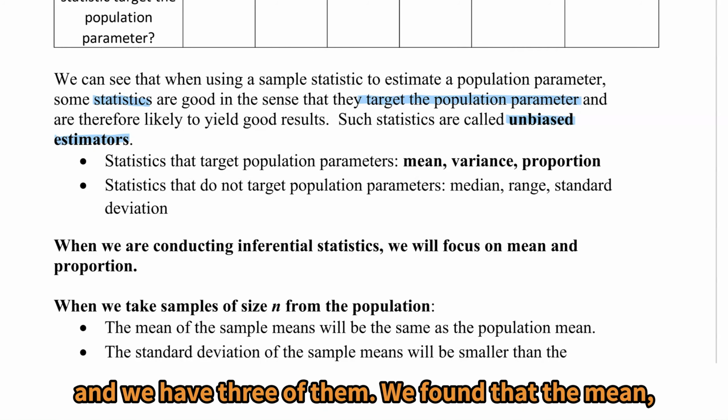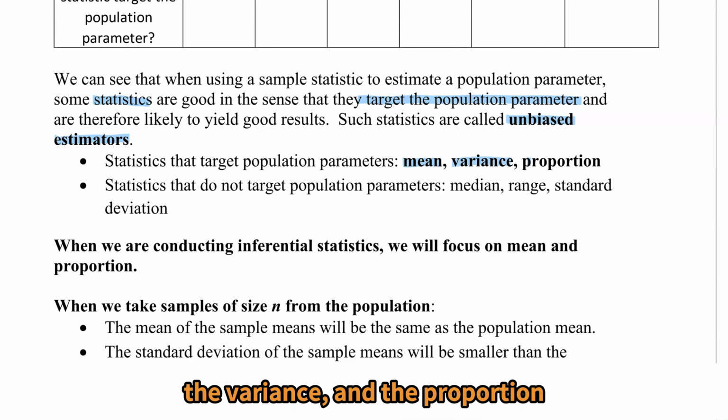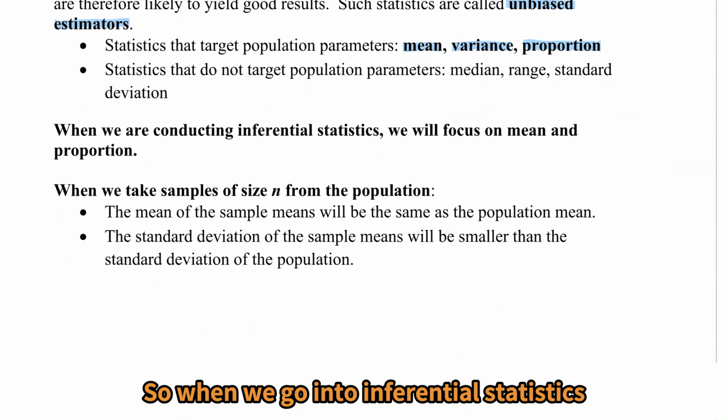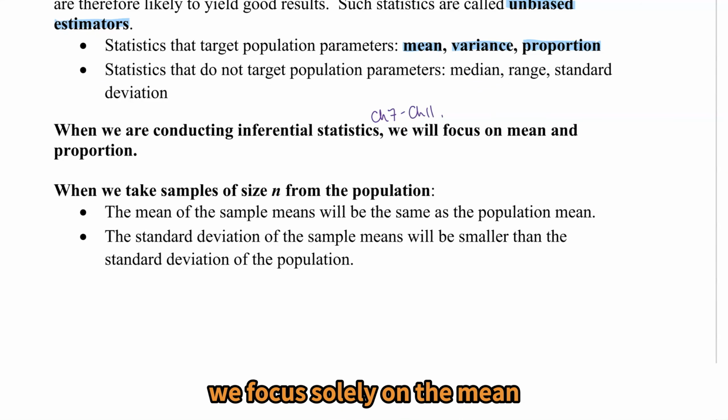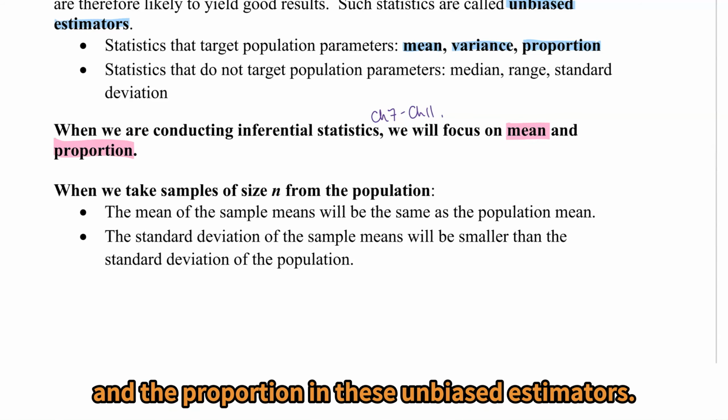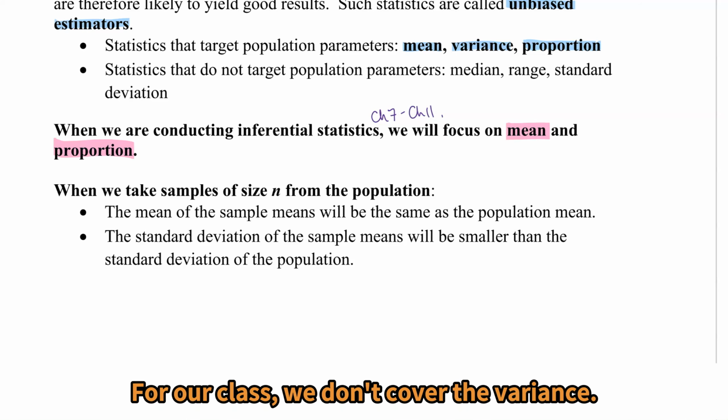And we have 3 of them. We found that the mean, the variance, and the proportion all are unbiased estimators. So when we go into inferential statistics, starting in Chapter 7, we focus solely on the mean and the proportion in these unbiased estimators. For our class, we don't cover the variance.